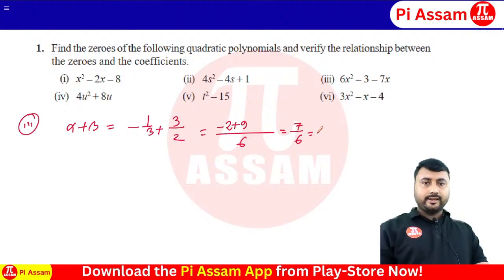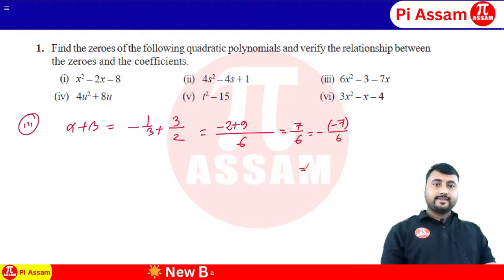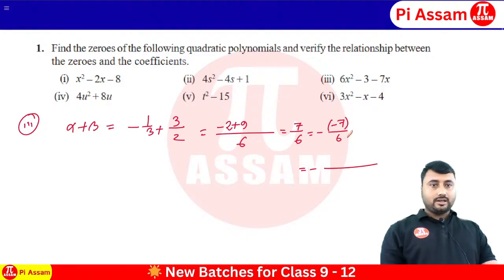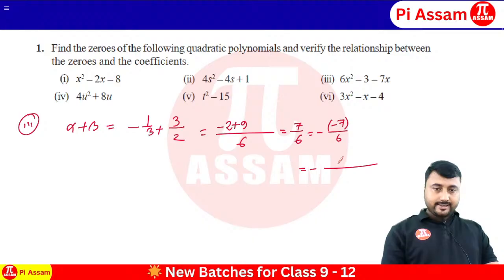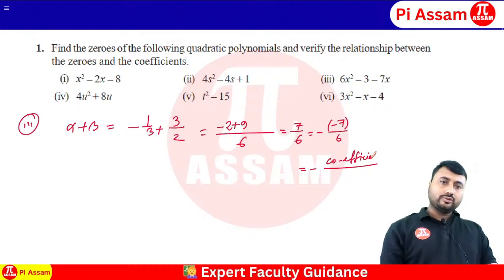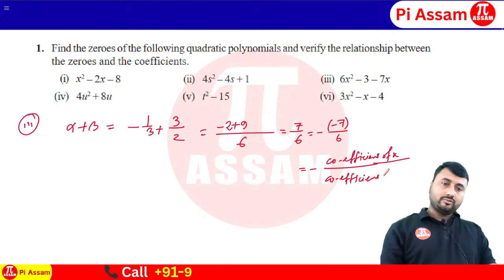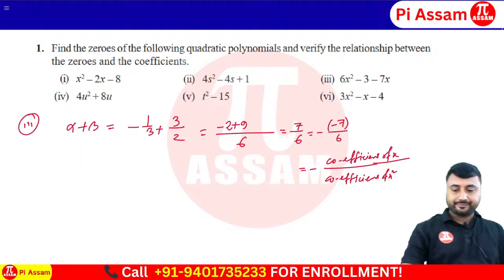So we can write here minus 7 by 6. So what is this one? Minus coefficient of x, which is minus 7, divided by coefficient of x square.